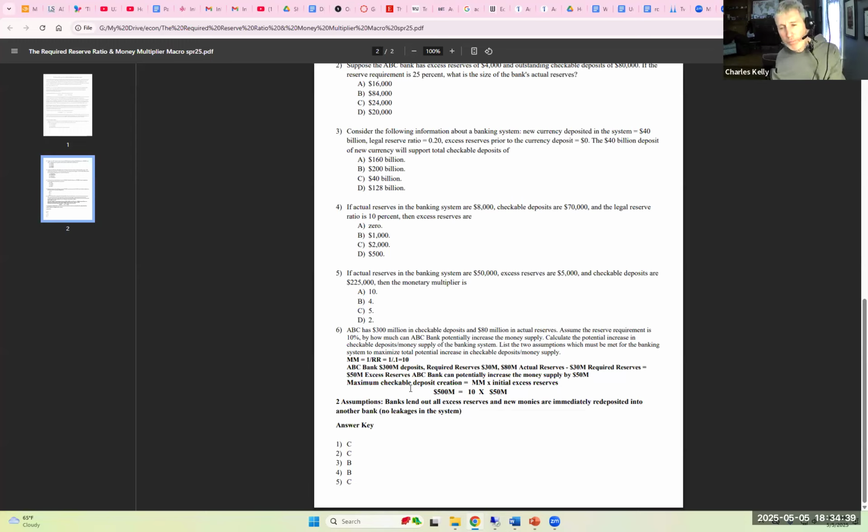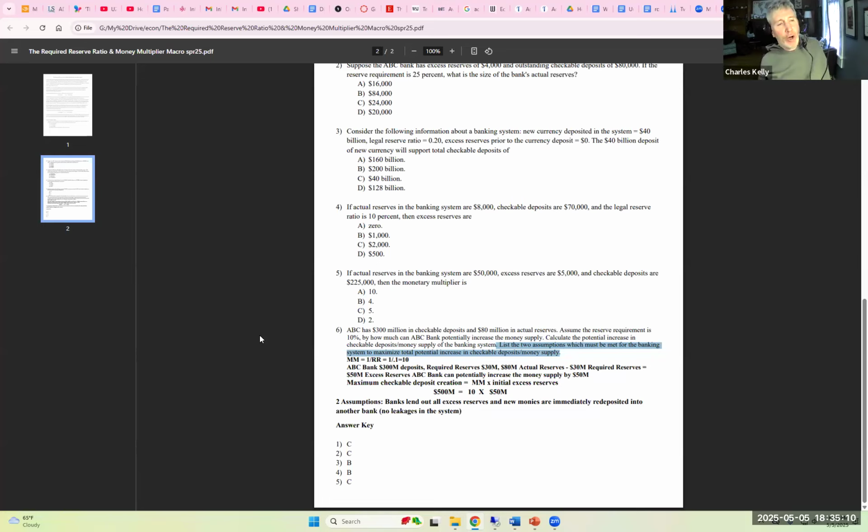Now, this question at the end says, what two assumptions must be in place for the banking system to reach its maximum checkable deposits? This money multiplier equation that estimates the potential increase in the money supply of the banking system is built on two huge assumptions. The first one is that banks lend out all excess reserves.